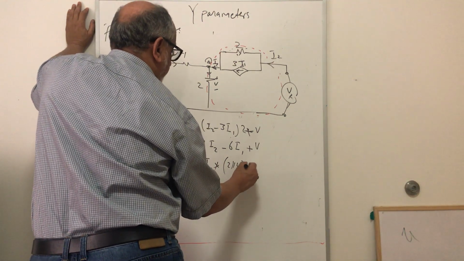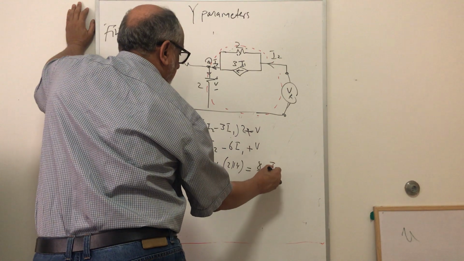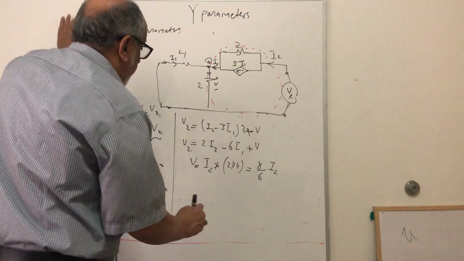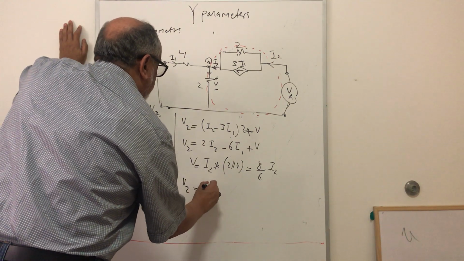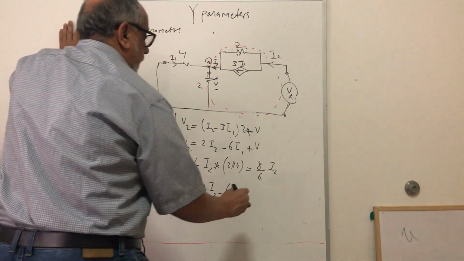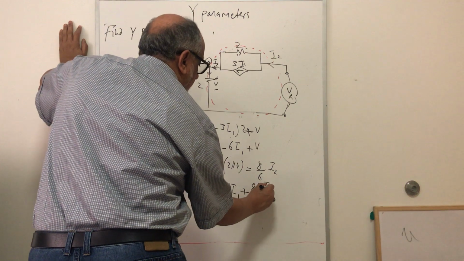So that will give me 8 over 6 times I2, that is V, right? So if we substitute, now we have V2 is equal to 2I2 minus 6I1 plus 8 over 6 I2.